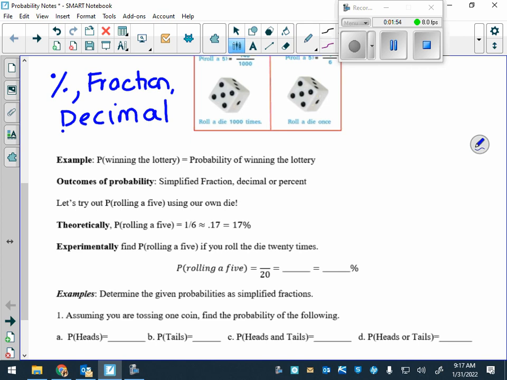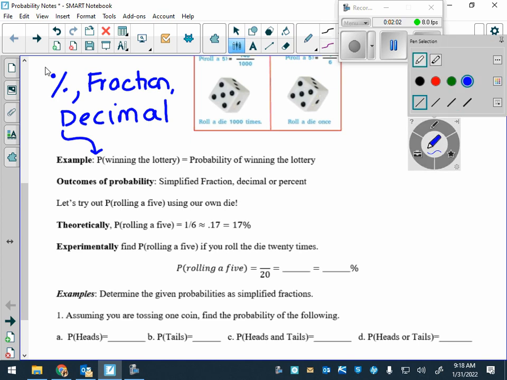Okay, and that is an indicator with the P in front. If you were to write an answer, because this happens so many times, where they are looking for probability, but you just give a whole number, that's not what probability means. Okay, the probability has to be expressed as a percent, fraction, or decimal.